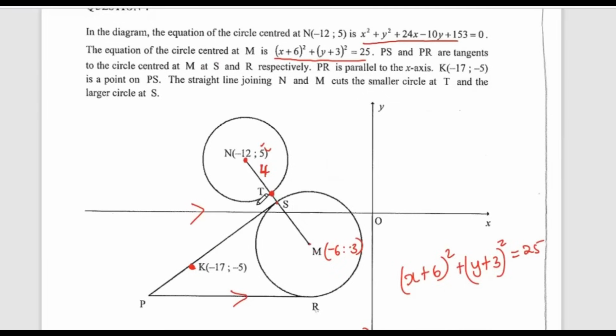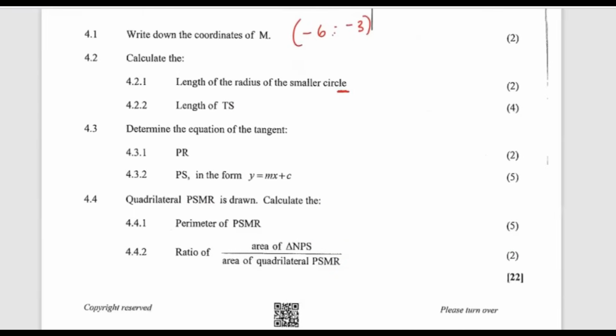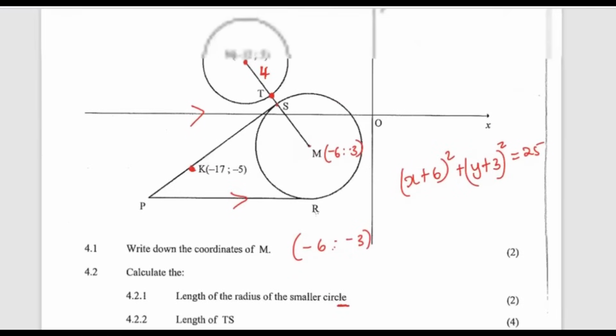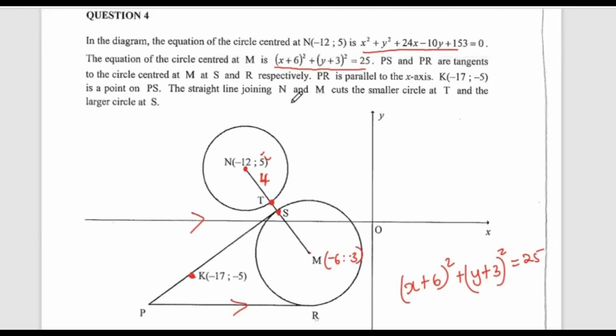All right, that is done. Then the next question is asking for the length TS. So the distance between T and S. All right, so do we know the radius of the big circle? Yes.